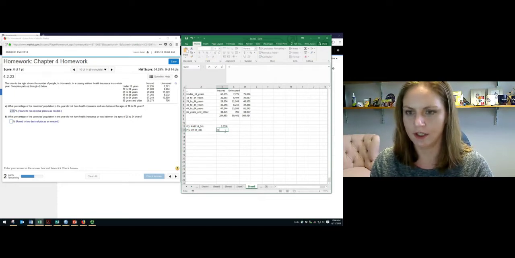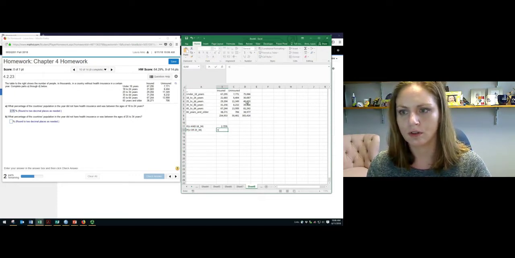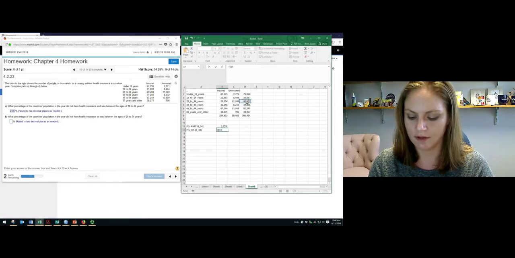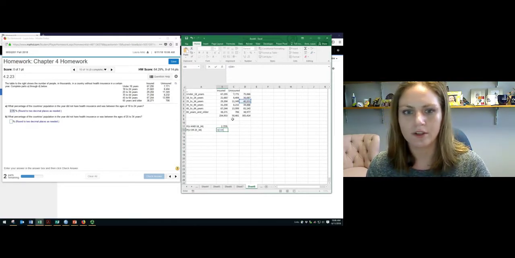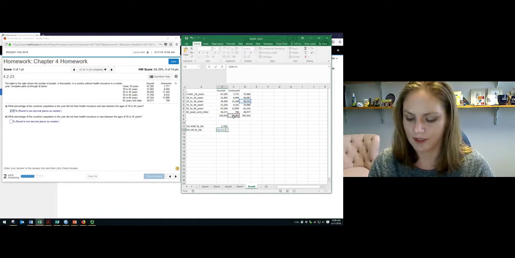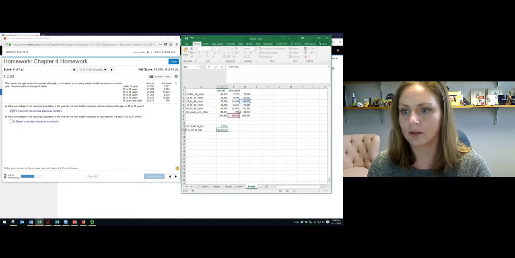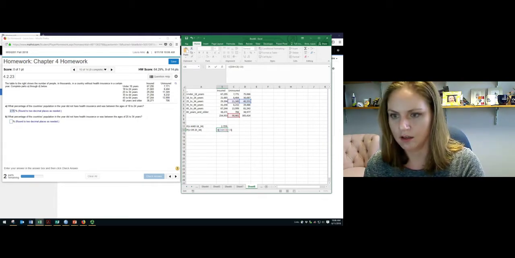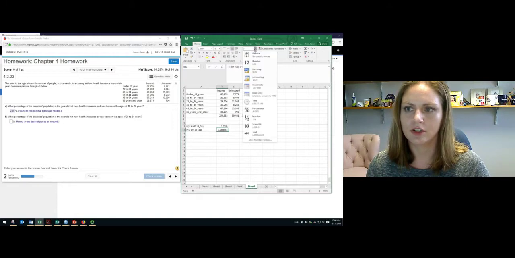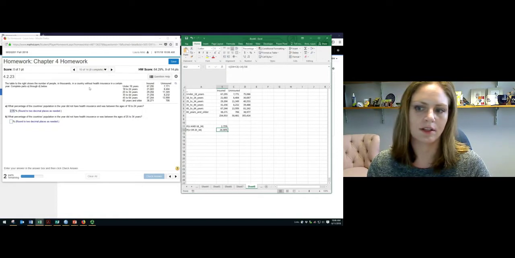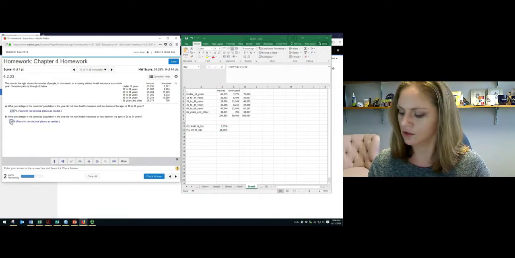Again, what we're going to need to do here is take the total of 25 to 34, add in the overall uninsured, subtract out the overlap, and then divide by the overall total. Here again, change it to a percentage, and the decimal places are already at 2.